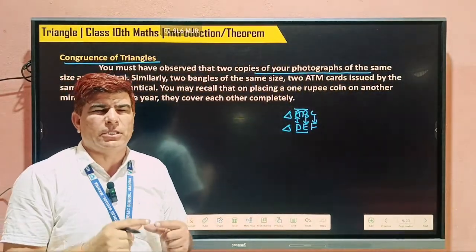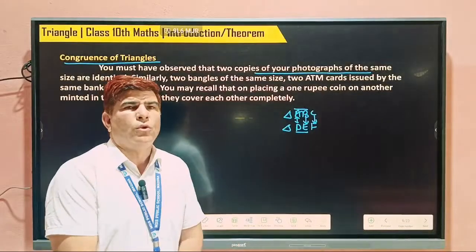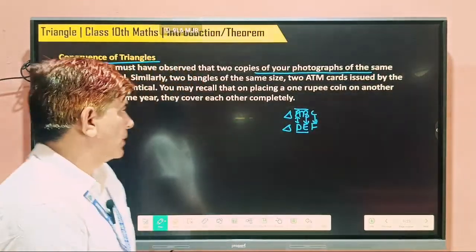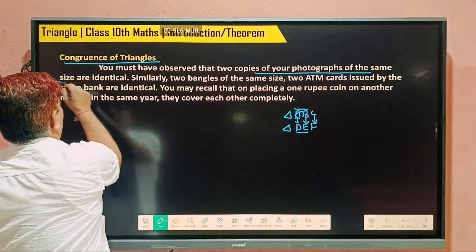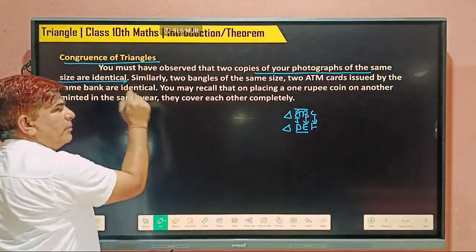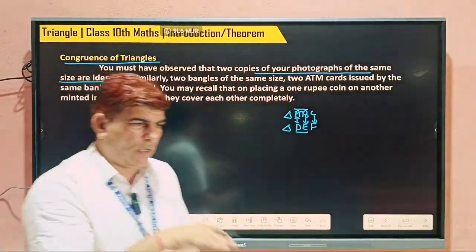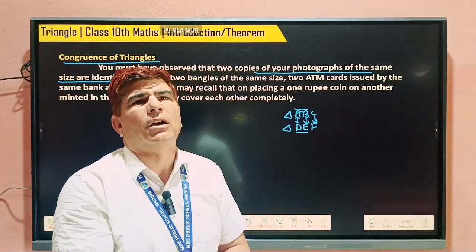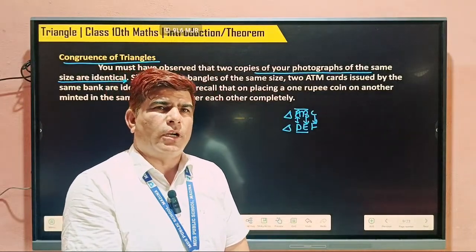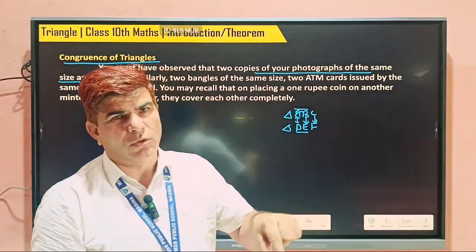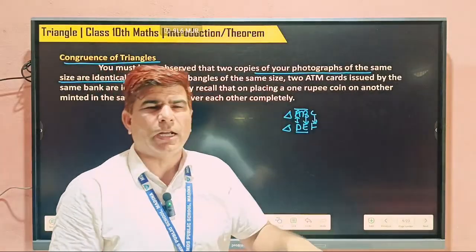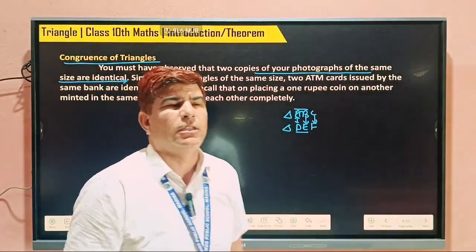Their size is the same, identical, meaning same as it is. If you can put one photo on the other photo, then it covers that photo. And if you put the second photo downside and the first photo upside, then also both cover each other.